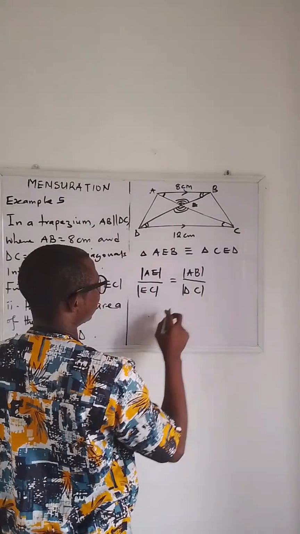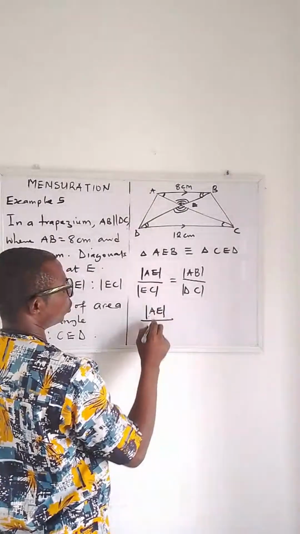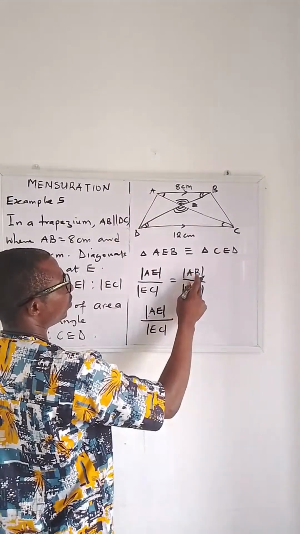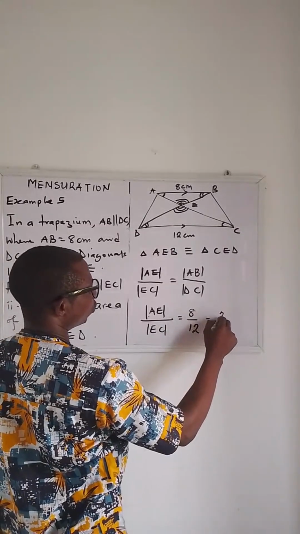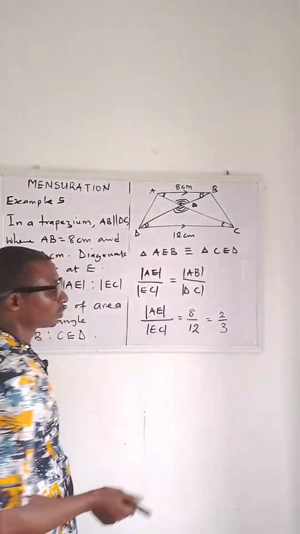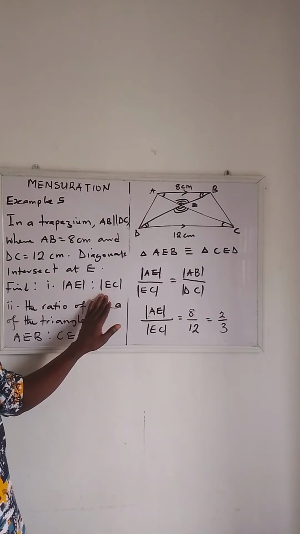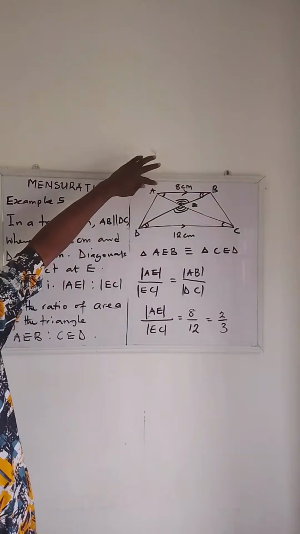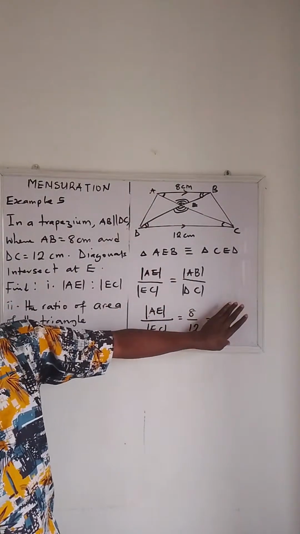So that means this side AE to EC will be equal to AB, which is 8, over 12. You can simplify that. That is 2 over 3. So 4 goes into 8 two times, and 4 goes into 12 three times. So this is the answer to the first part of the question. All right, so this side over this side is equal to AB over DC. So that is the ratio.